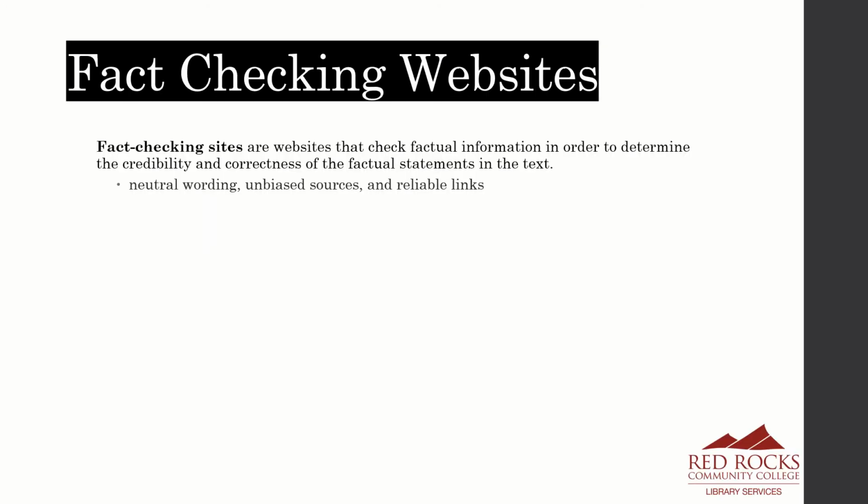Lastly, we're going to talk about fact-checking websites. Fact-checking websites are websites that check factual information in order to determine the credibility and correctness of the statements in the text or online. Fact-checking websites use neutral wording, unbiased sources, and reliable links. And we actually have created a list of fact-checking websites for you guys to use.